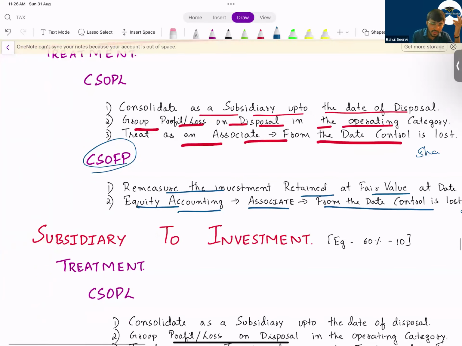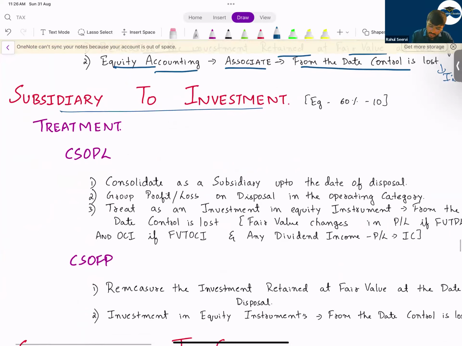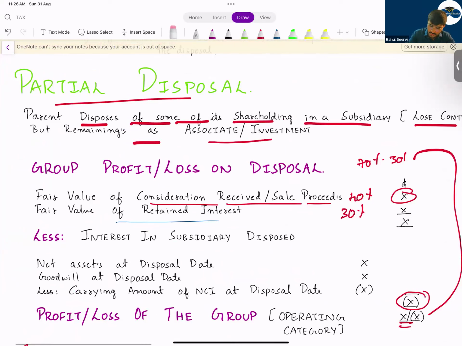Case two, subsidiary to investments. In that case, what we do normally is the same. Instead of 30%, I can say it is now 10%. So I am selling 60%, and 10% is the value. Once the control is lost, this 10% will be treated as per IFRS 9, either at fair value through P&L or fair value through OCI, depending upon the company's choice.